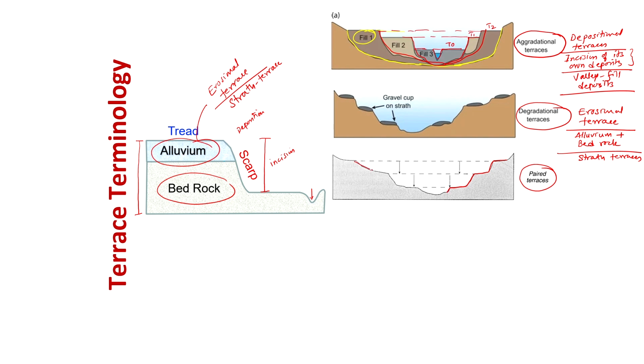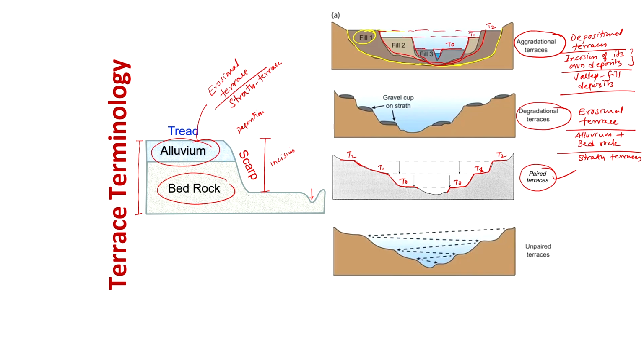Similarly, you have one over here, then second, third, and so on. So you have T0 here, and then T1, and this one is T2. These are termed paired terraces.